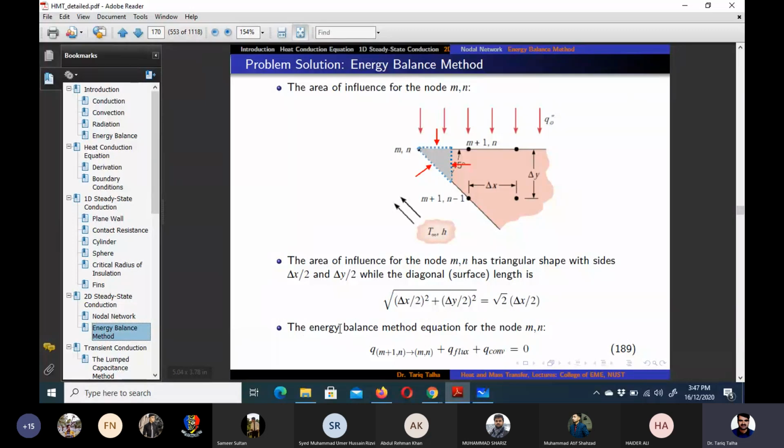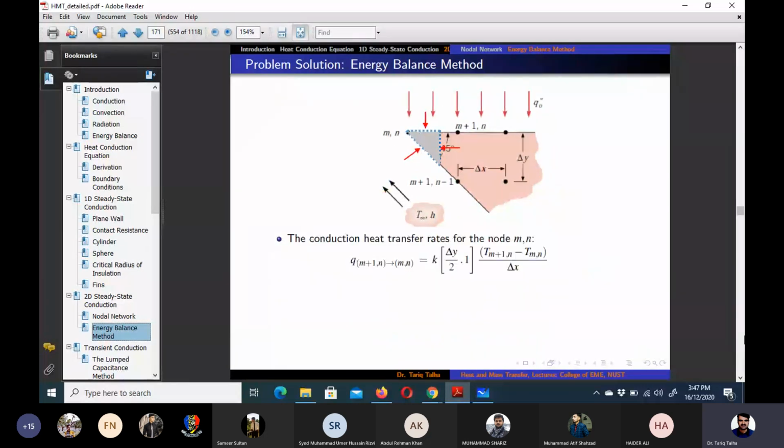So if we apply the energy balance, we can see that one is the conduction heat transfer, one is convection, and one is heat flux. Now we continue with the discussion from the last lecture.